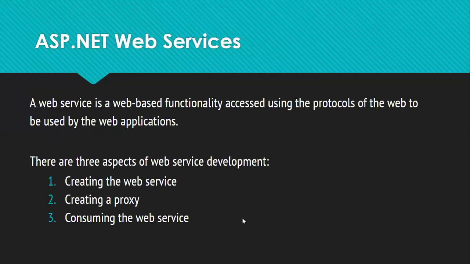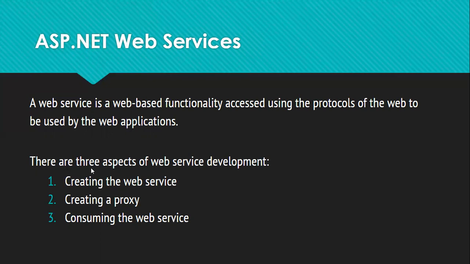ASP.NET Web Services. A web service is web-based functionality accessed through the protocols of the web to be used by the web application. These are small services which are created and stored in a repository, and whenever anybody wants to use that web service, he just has to search in the repository, and he can use any web service.